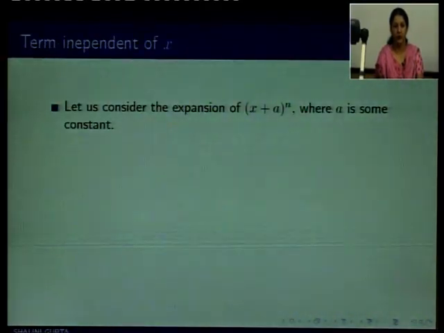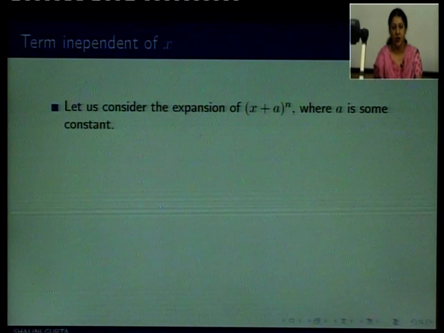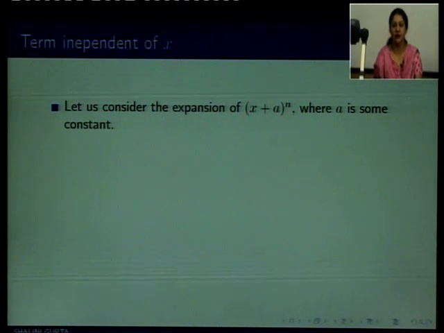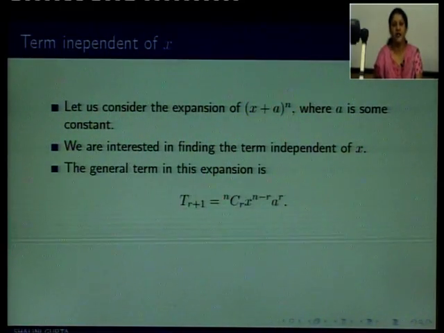Now our problem is to find the term independent of x, meaning a term in which no power of x appears. Let us consider the expansion of (x + a)^n, where a is some constant, say 1, 2, 3 or something. We find its general term, which is nCr x^(n-r) a^r.